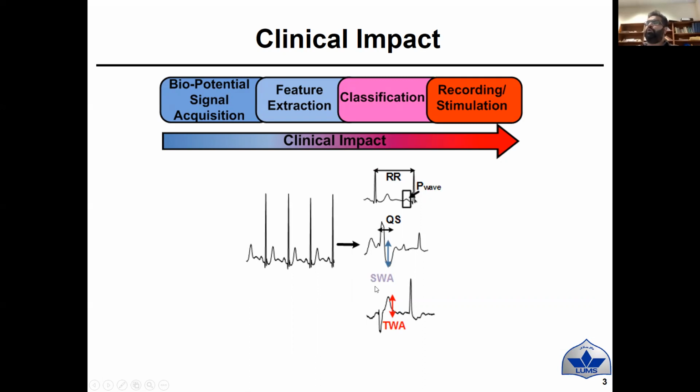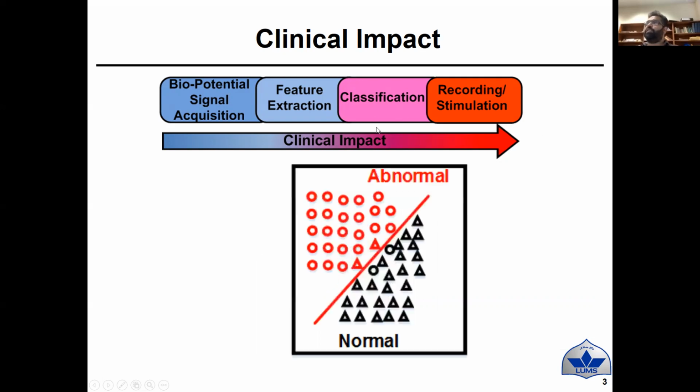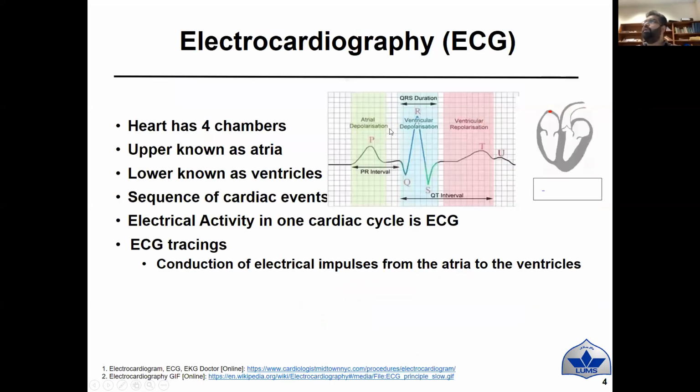Based on those features, we want to classify whether the data is normal or abnormal, and we will define some terminologies for abnormal and normal data. To achieve a complete system, we also want some integration or recording. In this project, you are mainly focusing on the feature extraction part and the classification part. So I will move directly towards the ECG signal, commonly known as the electrocardiogram signal.